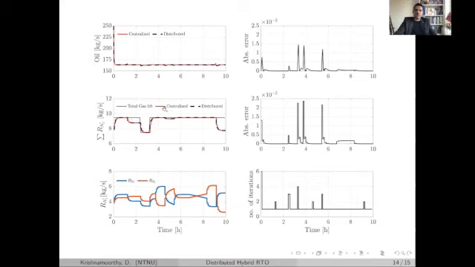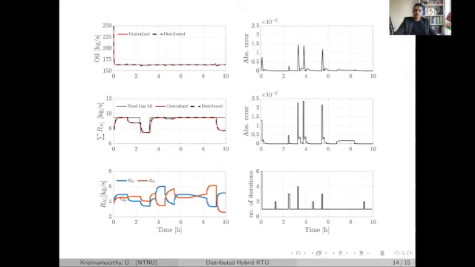And again, we compare it with the centralized approach, and we see that the performance is near identical, which is also confirmed by looking at the absolute error between the centralized approach and the distributed approach, which is indeed small.